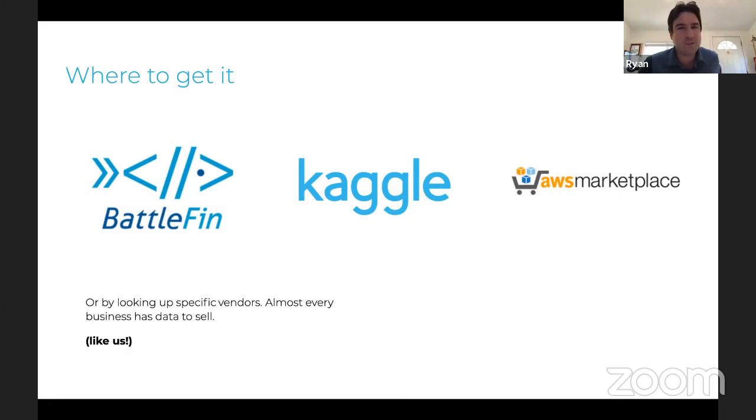And they're kind of like live virtual marketplaces where you can go to someone's booth, have a conversation about the particular data set that they own, and Battlefin will work with you to negotiate a transaction. They also have more of a self-serve version for those companies that are willing to give Battlefin a copy that you can then download.